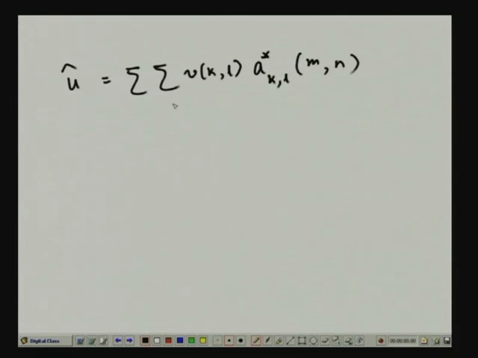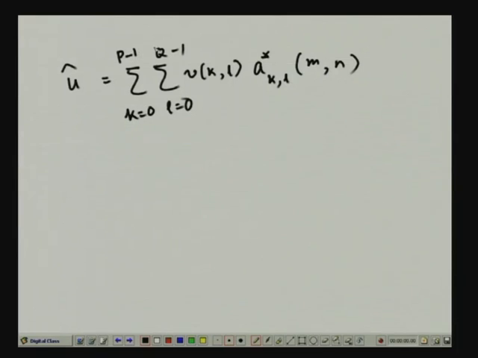So, in that case the reconstructed image u hat will be given by the double summation of v k l into a star k l m n. Now, suppose L will vary from 0 to q minus 1 and k will vary from 0 to p minus 1.